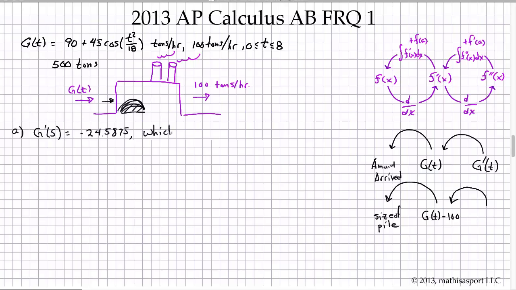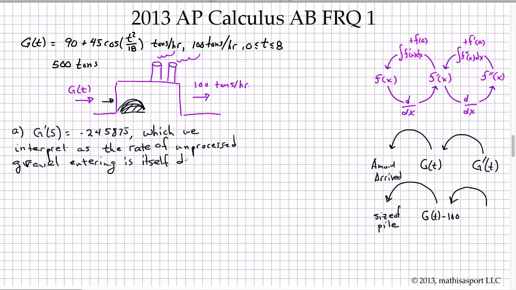So, which we interpret as the rate of unprocessed gravel entering is itself decreasing at a rate of 24.5875.